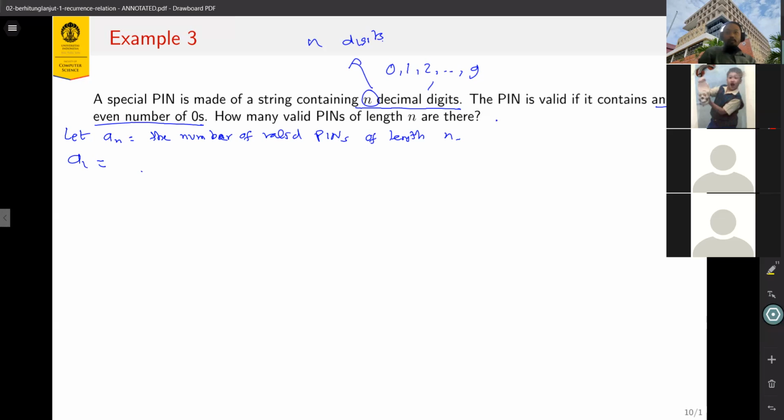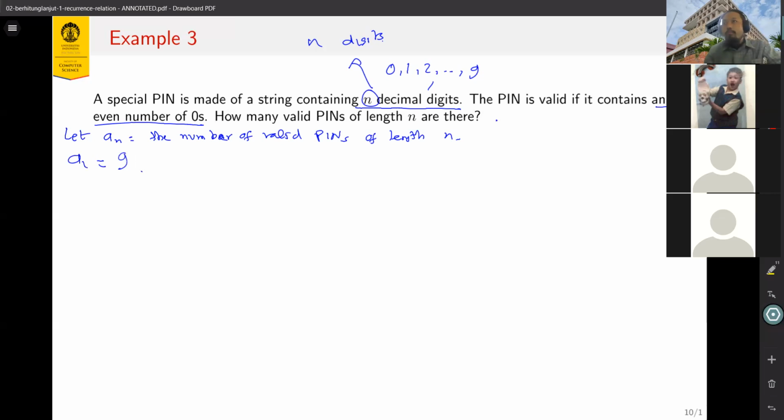Why, Matthew? Because if the digit is other than 0, then the number of 0s is 0 and it's even. Yes, exactly. So A1 is 9, not 0. We could simply enumerate them.